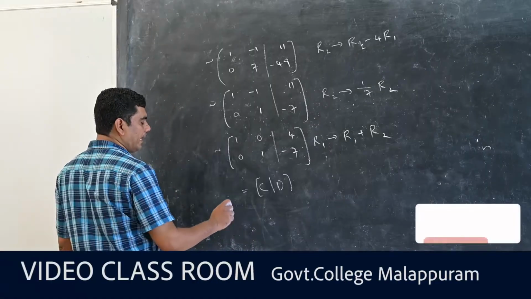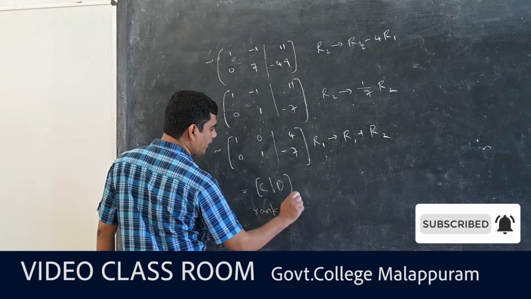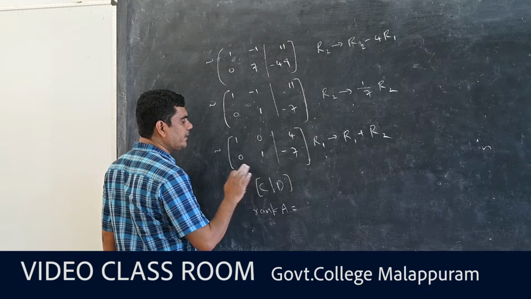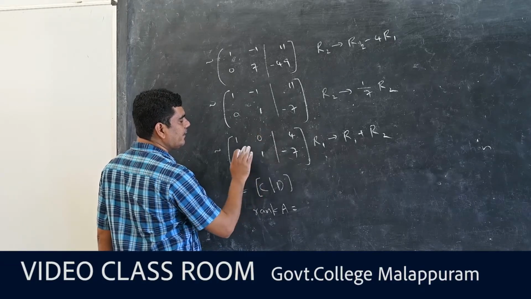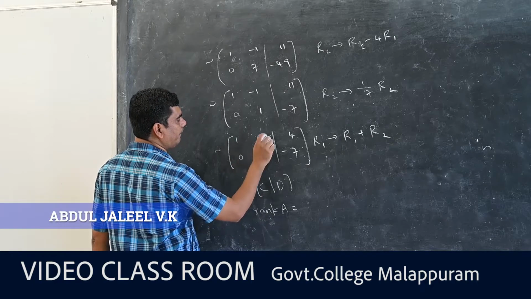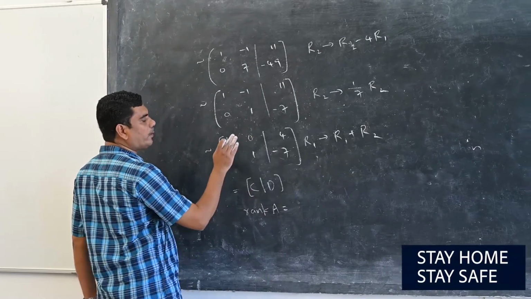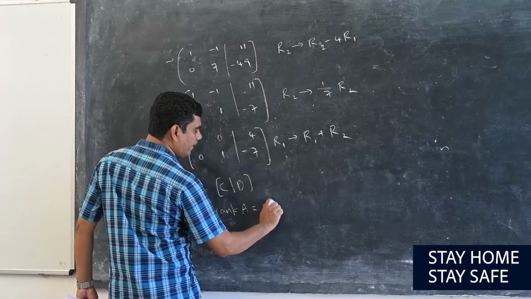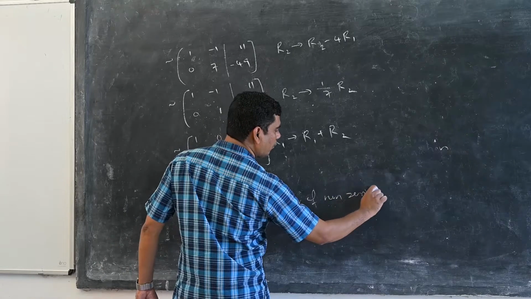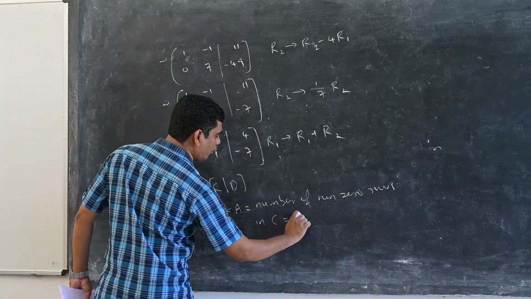Now rank of A is equal to the number of non-zero rows in C. This C is the row reduced echelon form of A: 1 0 0 1. So rank A is equal to the number of non-zero rows in C, which is equal to 2.